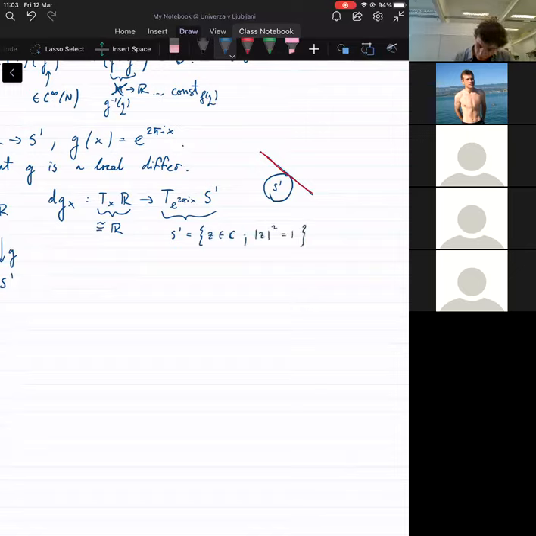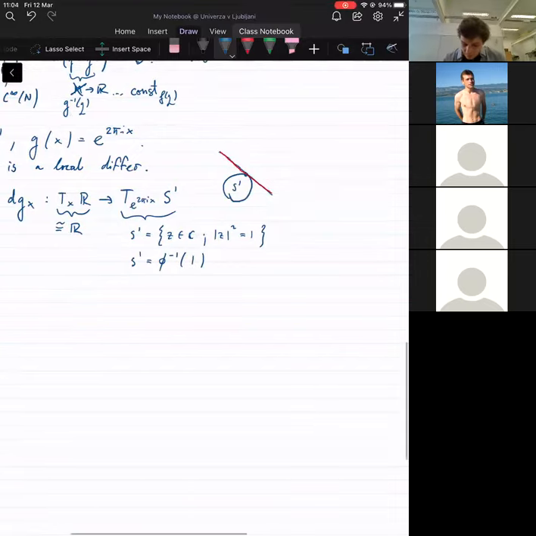Okay. So you may write S1 is the pre-image via phi, where phi is now nothing else but something that goes from C into R.